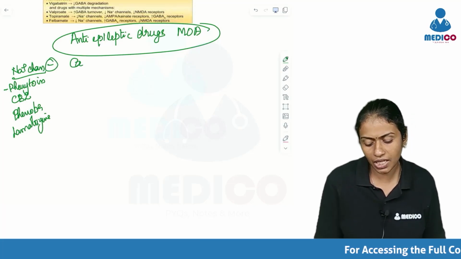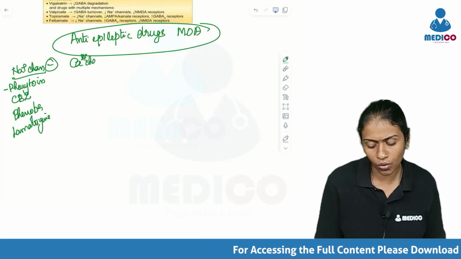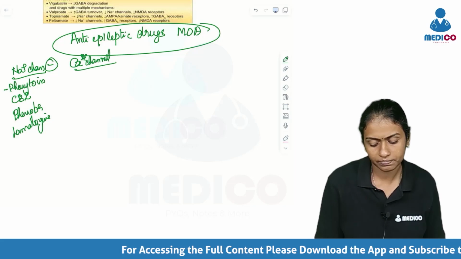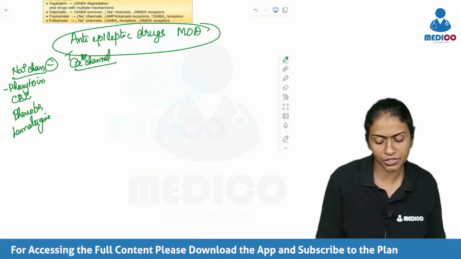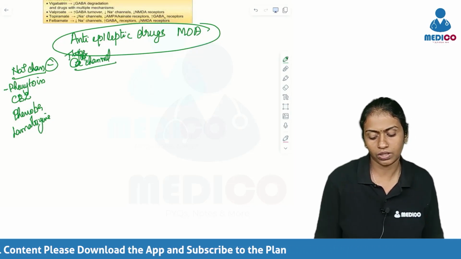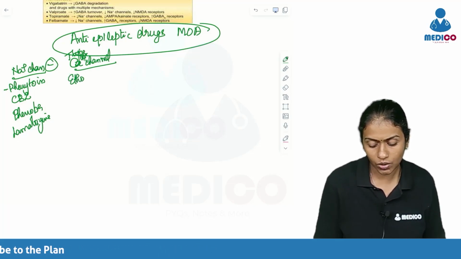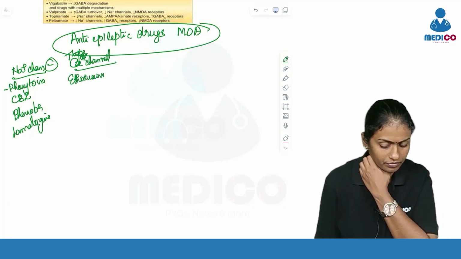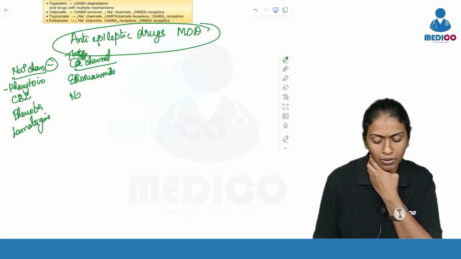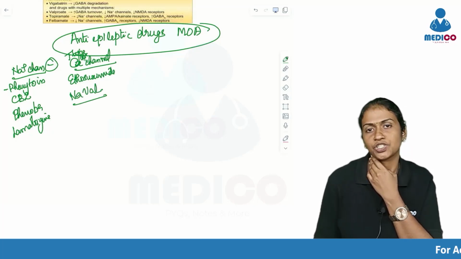Now the T-type calcium channel is mainly involved in absence seizures. So we have drugs like ethosuximide and sodium valproate, which act through the calcium channel.